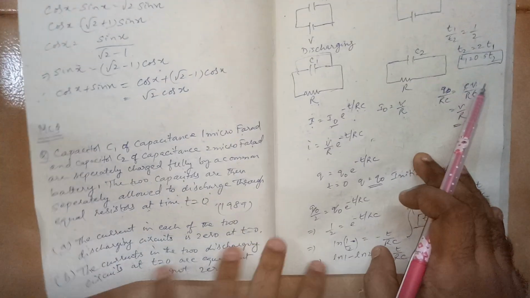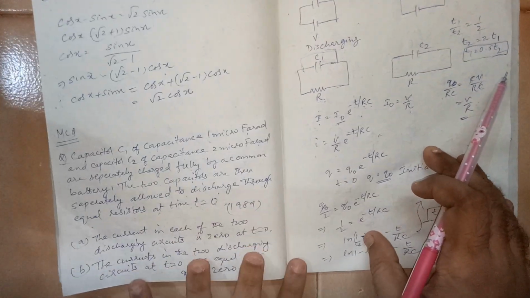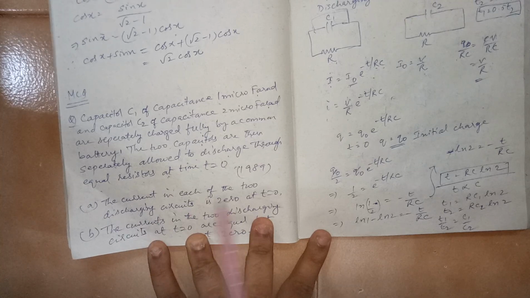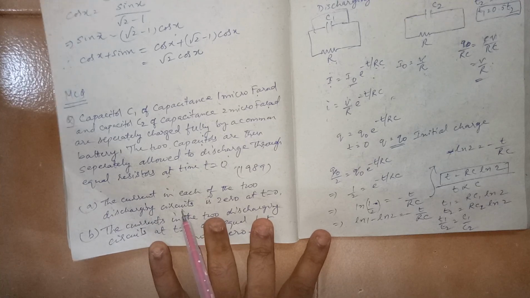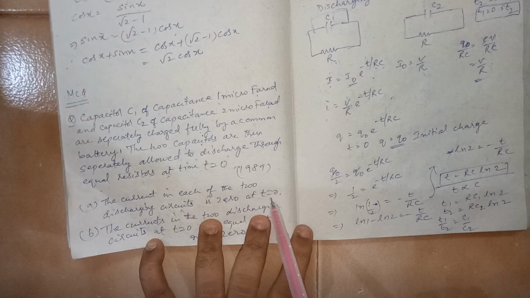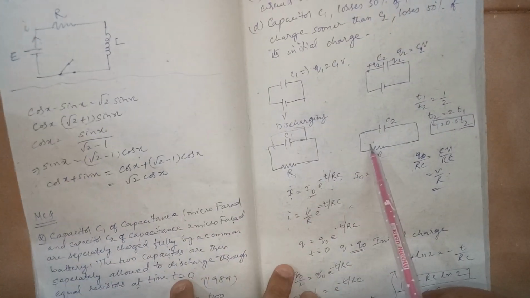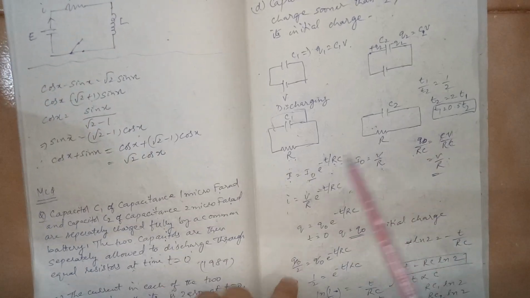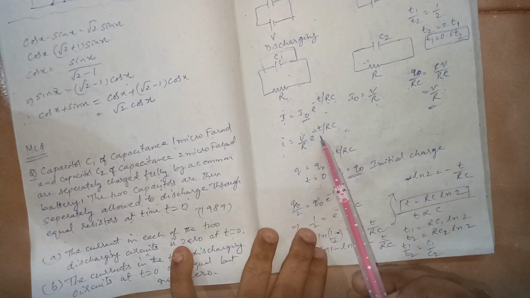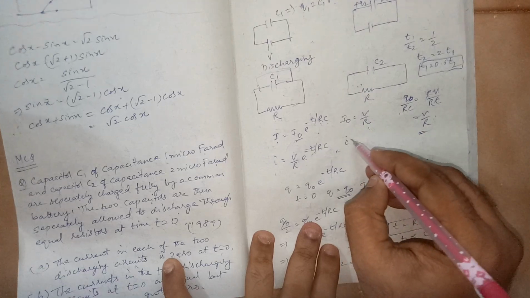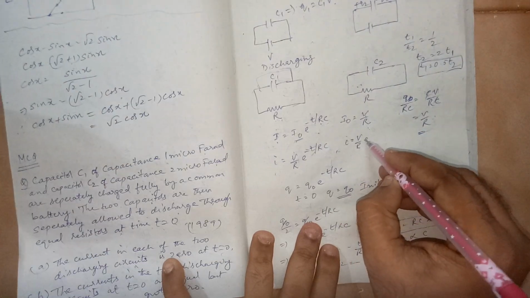Now let us get into the options. The first option says the current in each of the two discharging circuits is 0 at time t is equal to 0. Now these are the two discharging circuits. At time t is equal to 0, what happens? If you put t is equal to 0 in this, I is equal to V by R e power 0.